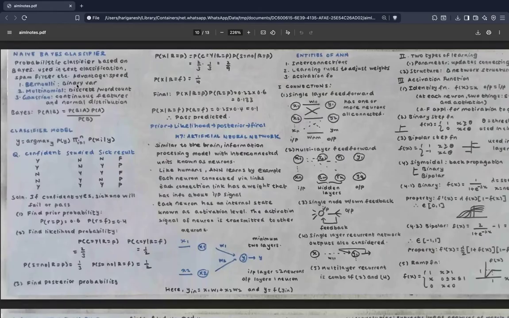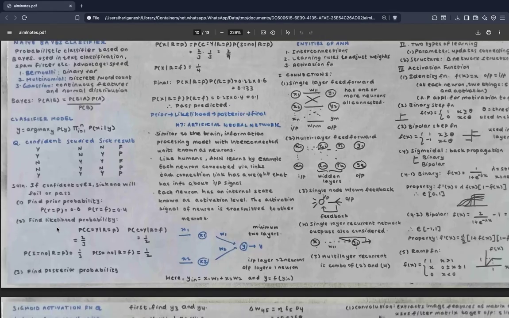So naive Bayes classifier. Probabilistic classifier based on a bunch of things, theory, classifier model, theory. So you've given this, and the question is, if confidence is yes, sick is equal to no, will you fail or pass? First thing you do is find the prior probability, which is probability of R equals P, probability of R equals F, which is probability of passing and probability of failing.